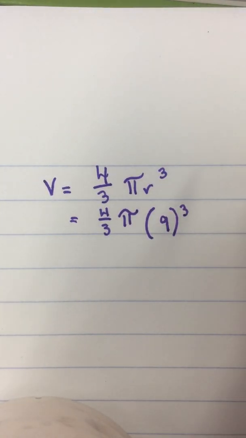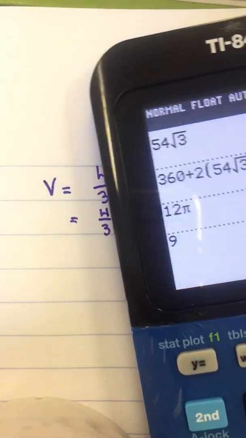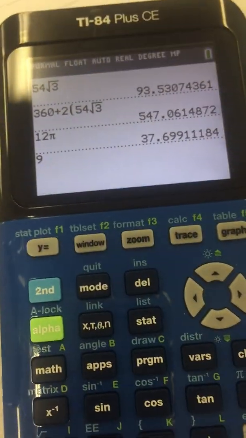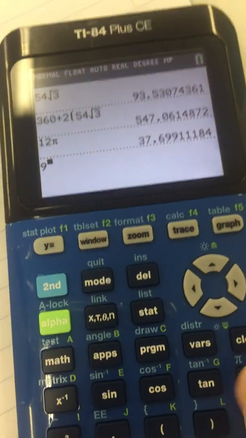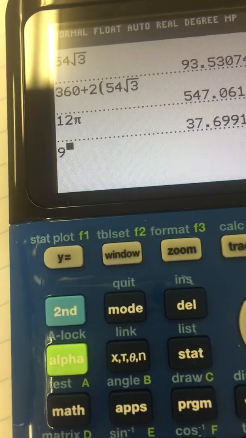All right, 9 cubed, I'm going to do on the calculator really quickly. And actually, we need to talk about how to do that. Let's look at my calculator. Let me see if I can get it in here. I might have to do this differently. For doing 9 cubed, you can simply put in your 9 and then use this arrow button right here and see how it raises it to a power.